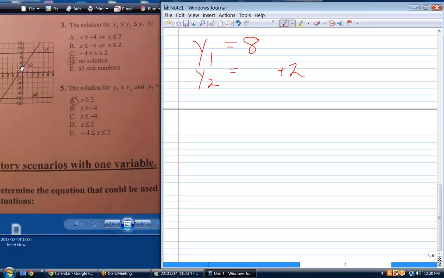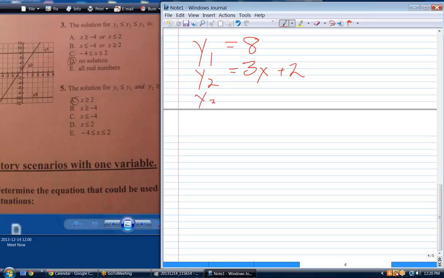Excuse me. We're going from 2 to 8. That's up 6 over 2. That's a slope of 3. I almost made the mistake of looking at it visually, and each one of these squares is not 1 by 1. It's 1 on the x-axis, 2 on the y-axis. So it really is up 6 over 2. So that's the equation for y sub 2.